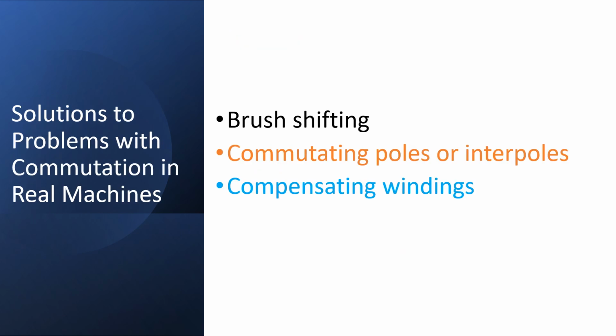What are the solutions for the problems in commutation? We have three here: brush shifting, commutating poles or interpoles, and compensating windings.